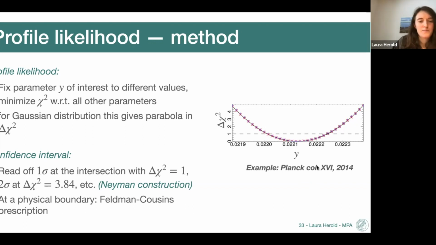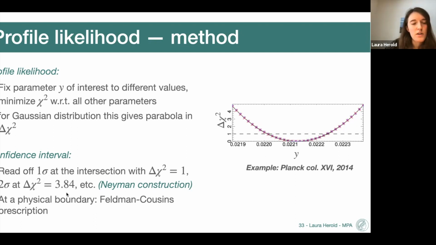Now, according to the Neyman construction, one obtains the 1 sigma confidence interval by finding the intersection of the profile likelihood with delta chi-square of 1. So this here is the 1 sigma confidence interval. And one finds a 2 sigma confidence interval at delta chi-square of 3.84 and so on.